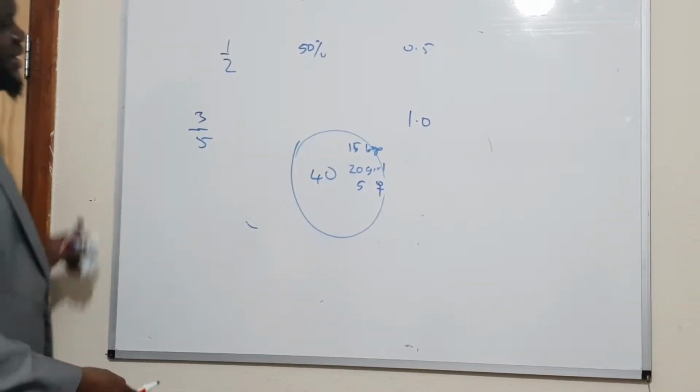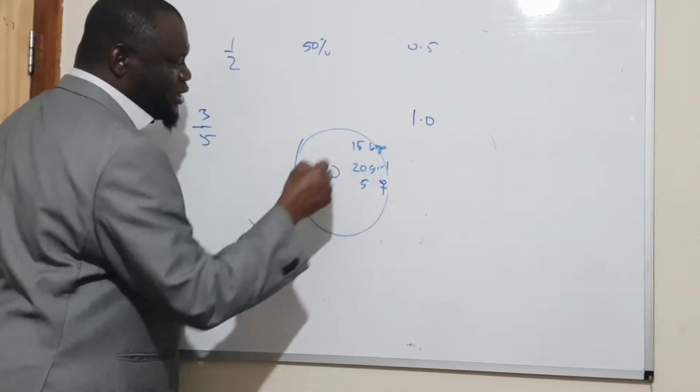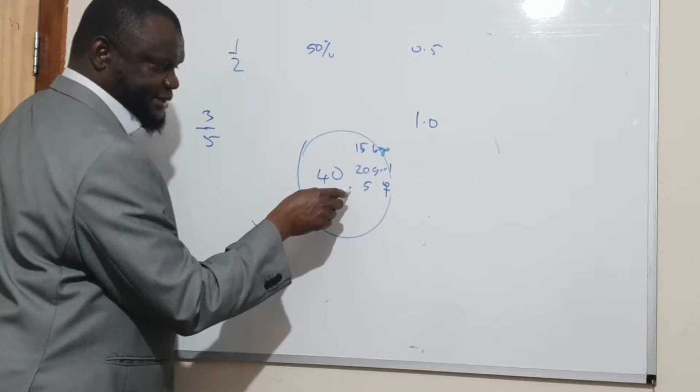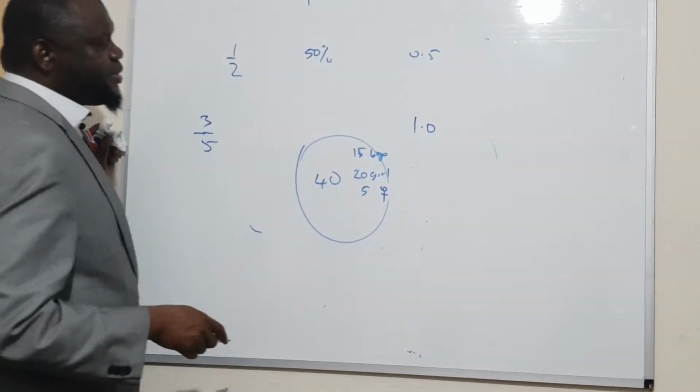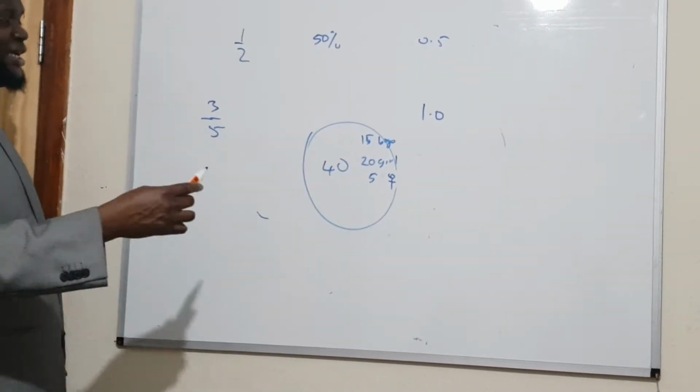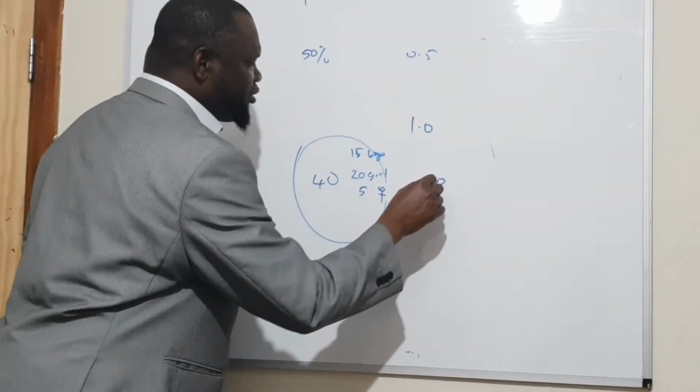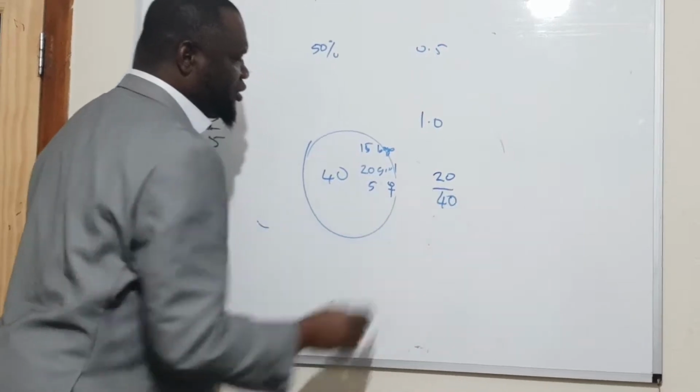This means 20 out of 40 are girls. So if you want to translate into something out of 100, you say 20 out of 40, which is a fraction.